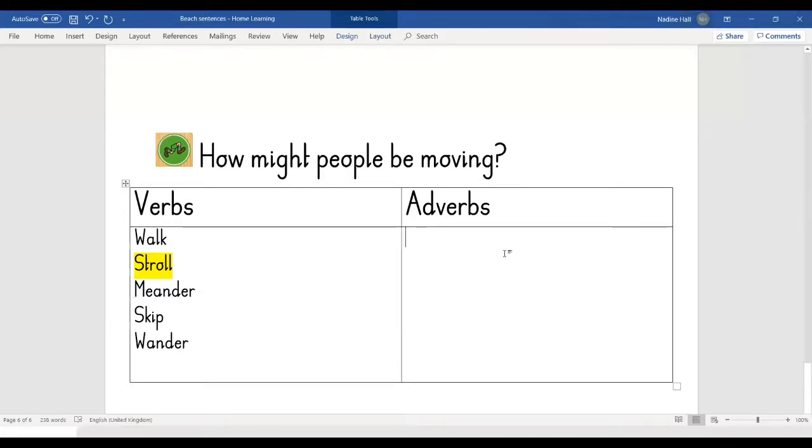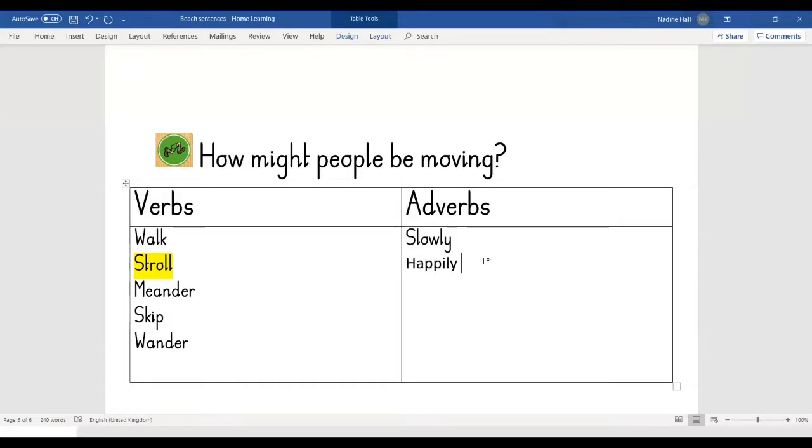And how are they going to stroll? So they might go slowly. They might walk quickly. They might move rapidly. They might move very carefully. They might have to walk around lots of things. And we want to make sure we're getting that happy image.